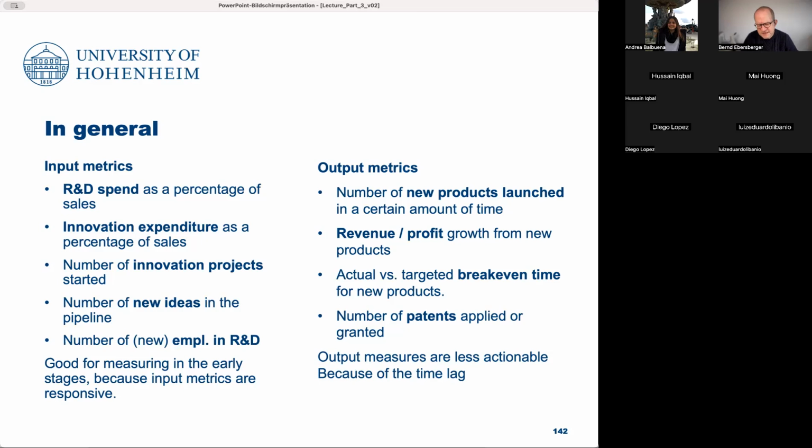What would be the benefit of measuring R&D spend as a percentage of sales relative to measuring the R&D spend in dollars or euros? What's the advantage of R&D spend as a percentage of sales?